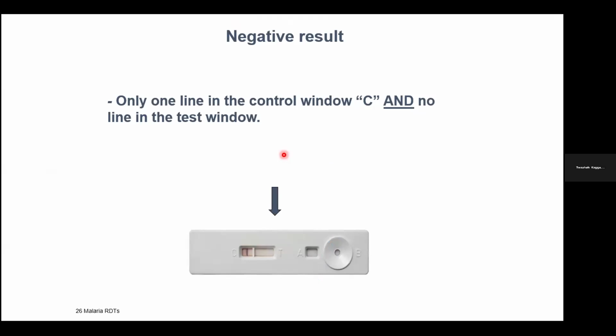The first result is the negative result. A negative result is when there is only one line in the control window. The control window is normally labeled with the letter C, as you may see in this case.